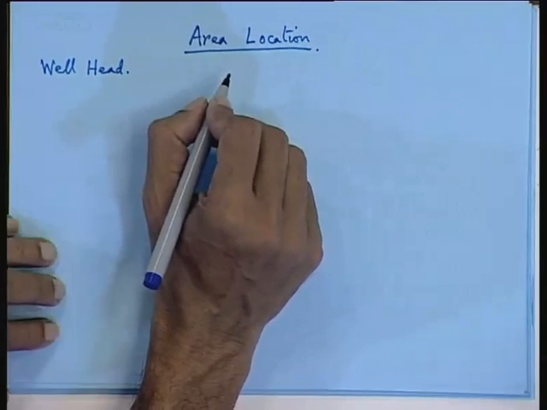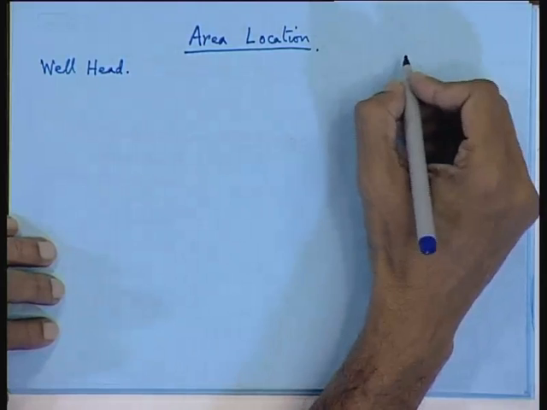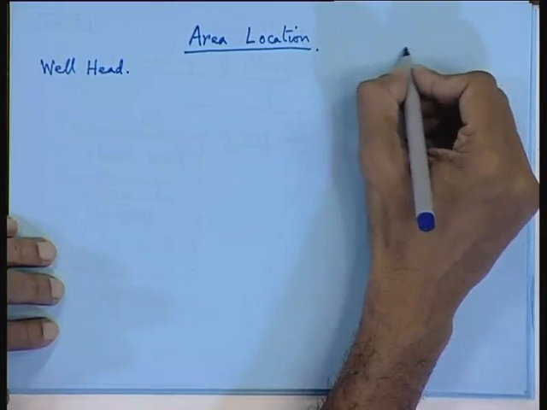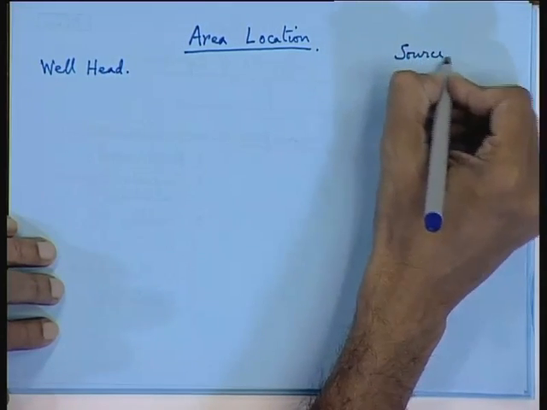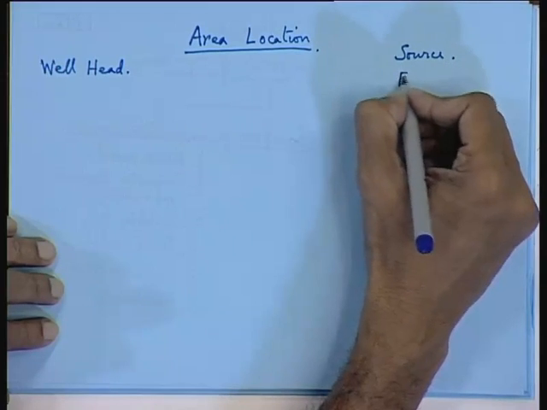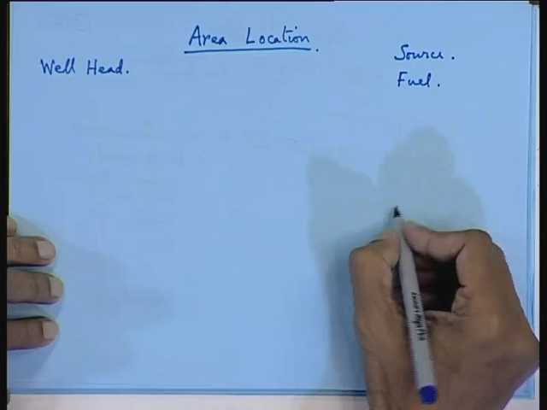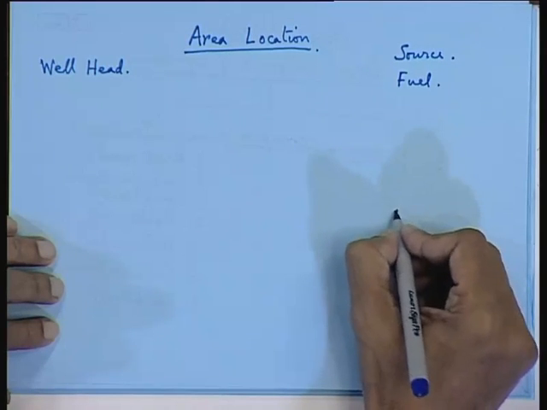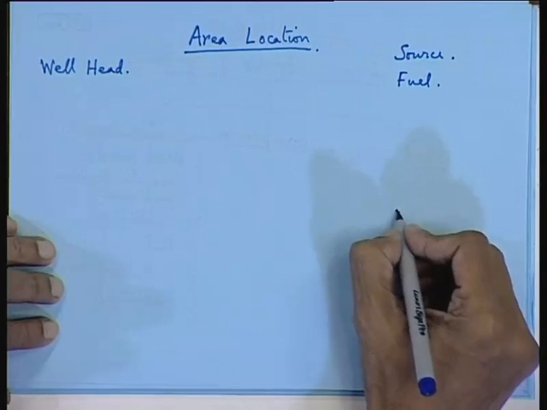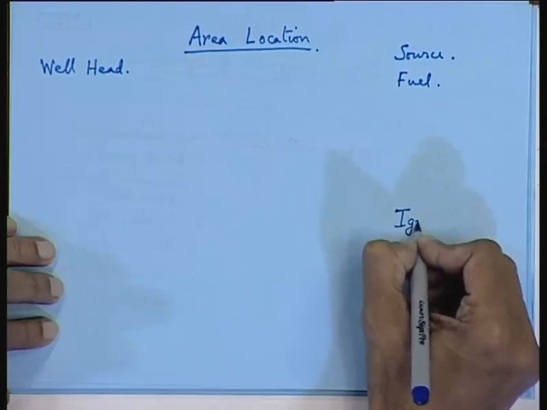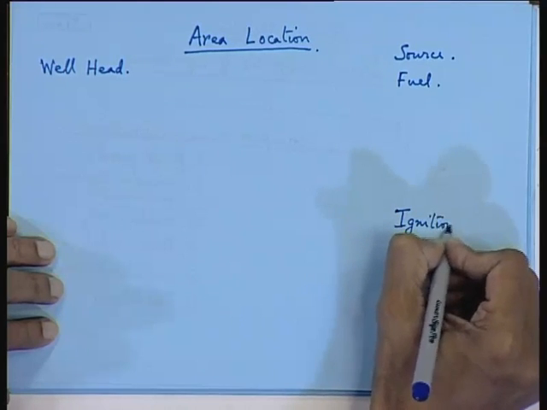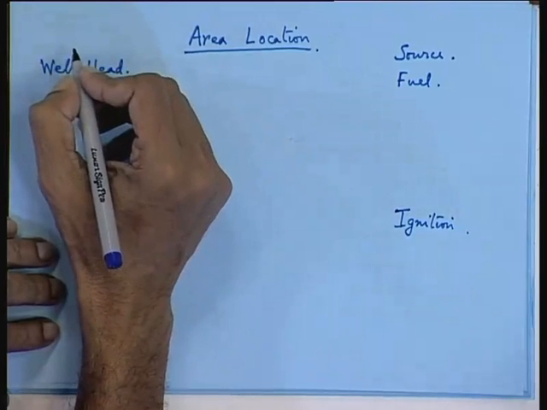Again you find out the source type, whether it is a fuel or an ignition source. Like this you segregate your areas.